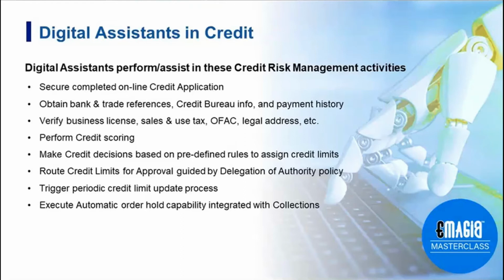Well, a digital assistant will do that. Bank trade references, credit bureau. If it's an existing customer, retrieve the payment history. And then some very important verification tasks, like does the business have a license? What's its sales and use tax status? Is it running afoul of OFAC? It's a do not sell terrorist organization.